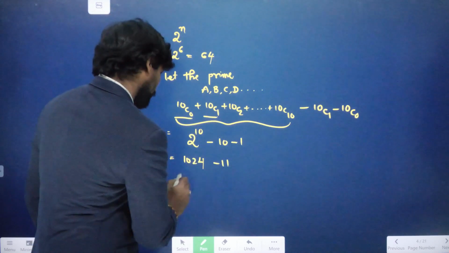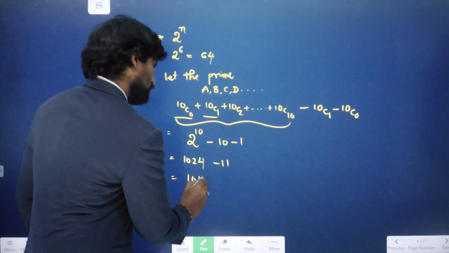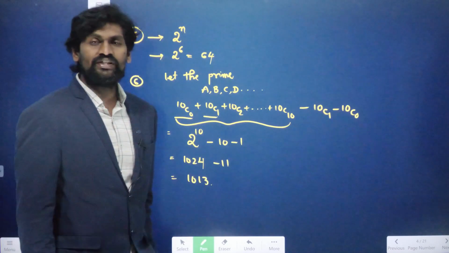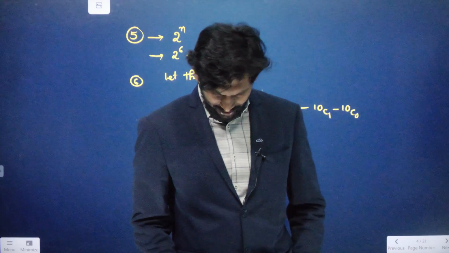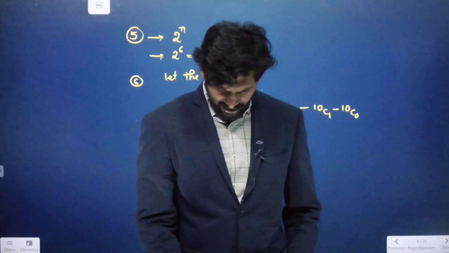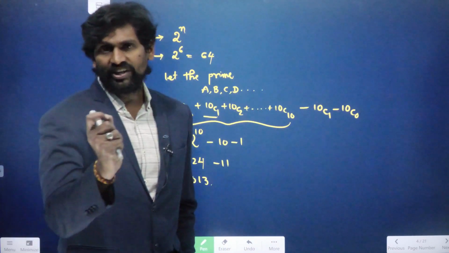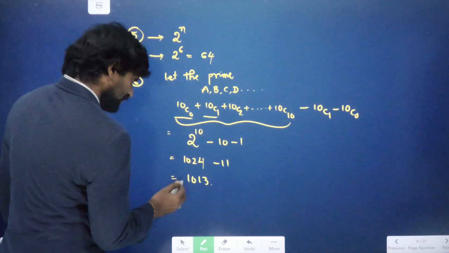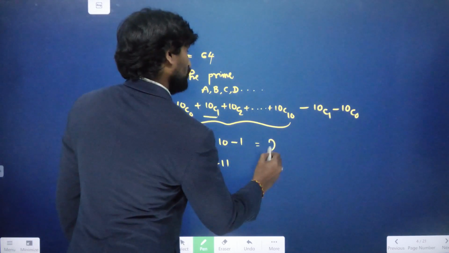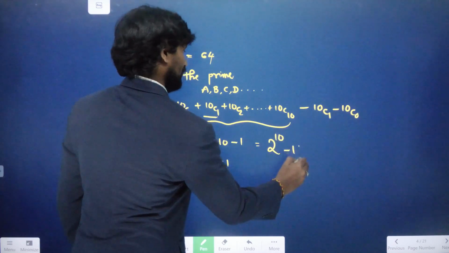Okay, 1024 minus 11 is 1013. 1013 is our required solution. Or you can write it as 2 power 10 minus 11 according to the options given here.